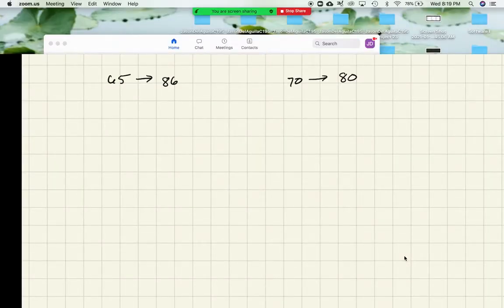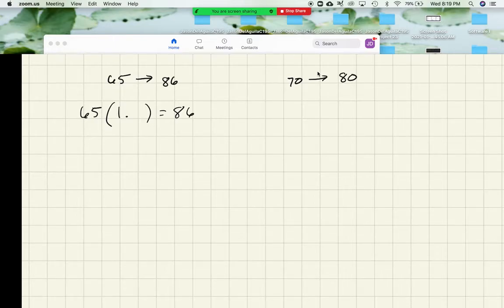So, percent increase. Let's see, 65 to 86. What is the percent increase? 60. I'm just working out some stuff. 1 point something. Okay. I'm going to explain it afterwards.